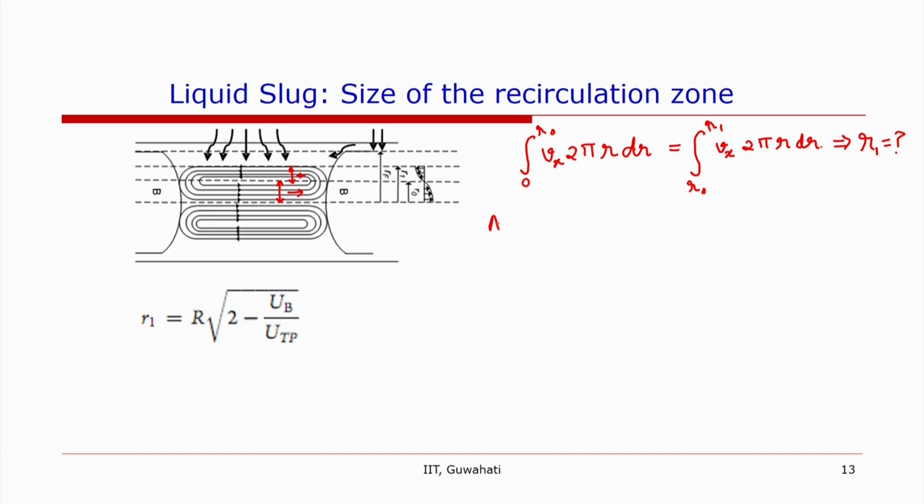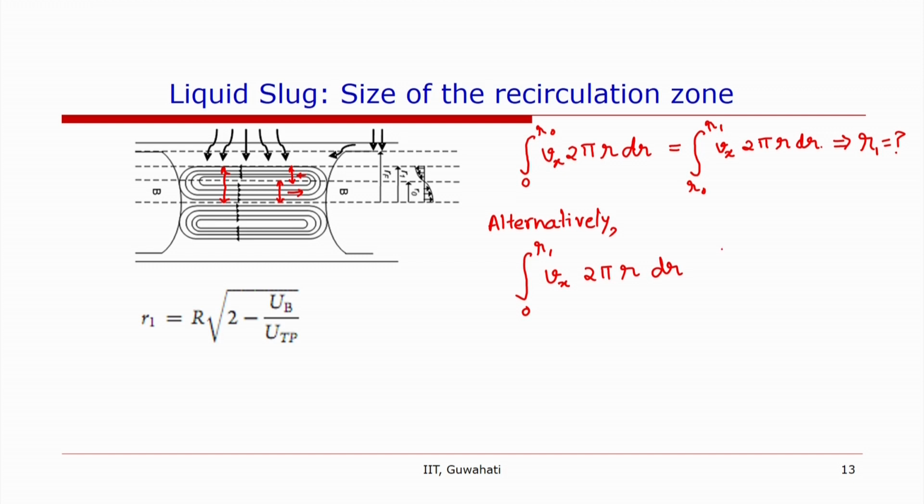Alternatively, one can see that the net flow in this region, integral 0 to R1 Vx 2 pi R dr, is basically the sum of these two, but the other one will be in the different direction, so their directions will change.